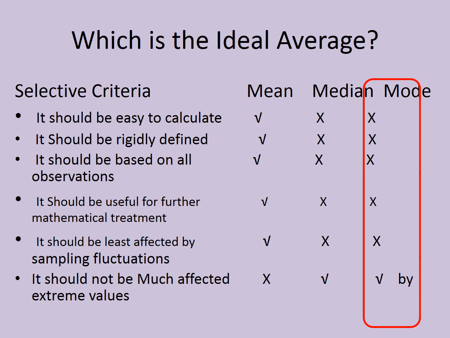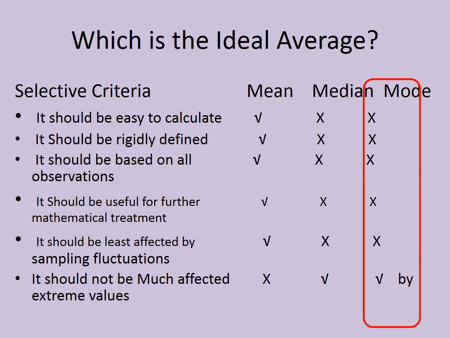So the take home message from here is that mean is not useful for qualitative data, but it is only useful for quantitative data. But in quantitative data, when there is a presence of extreme values, again mean is not useful.